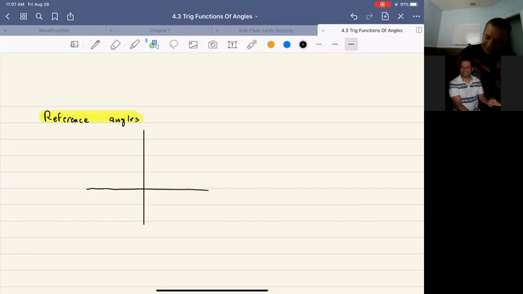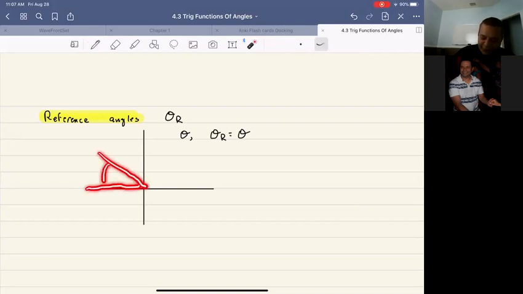Drawing an axis here, if we have theta, our reference angle is just theta. Let's call it theta r. Now here, if we have an angle, then the reference angle is the angle to the closest x-axis.